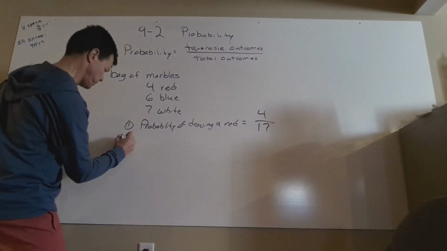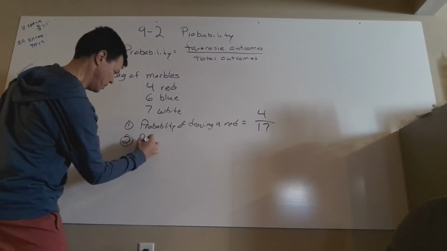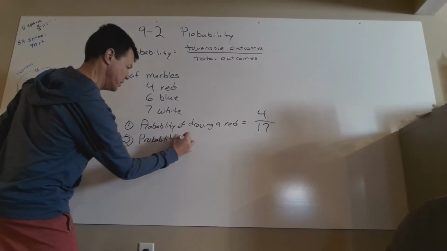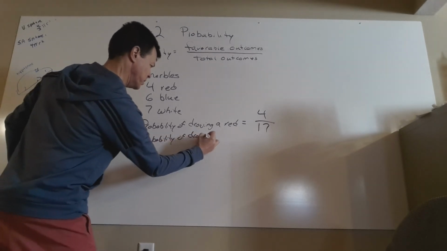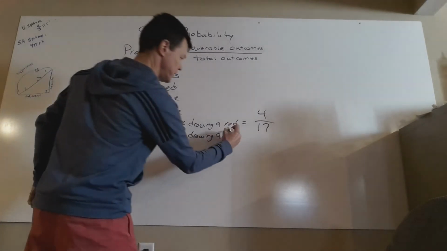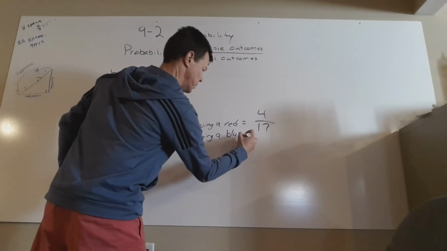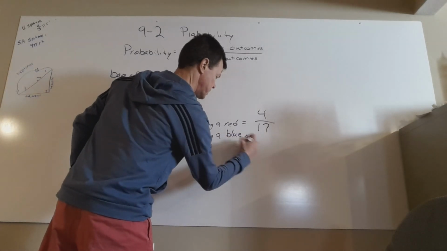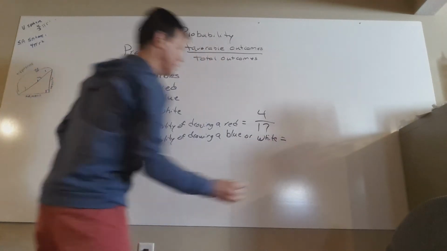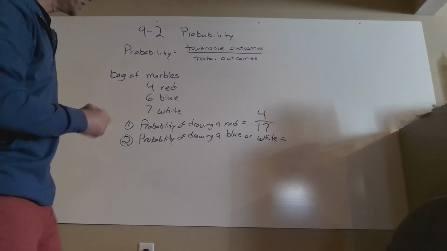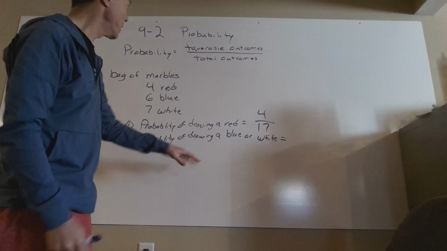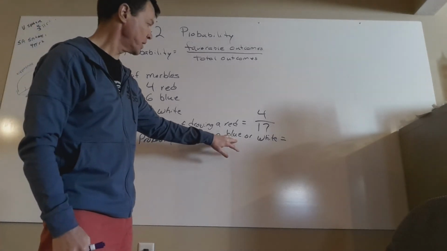Another example. Probability of drawing a, let's say, blue or white. So we're looking for what are our chances of drawing a blue or a white marble, or what's the probability of drawing a blue or white marble? So we want to look at your total favorable outcomes.